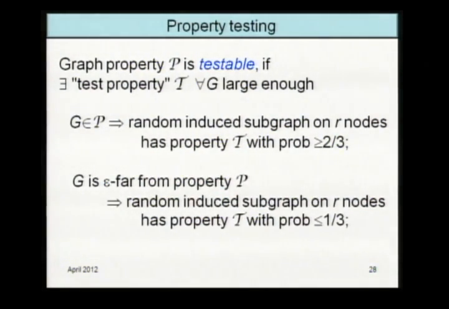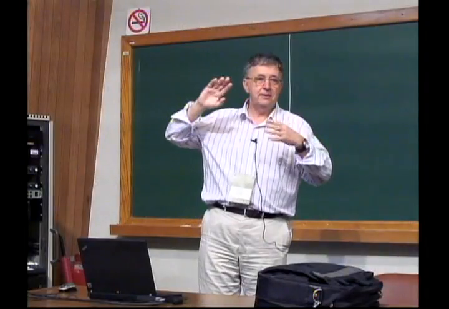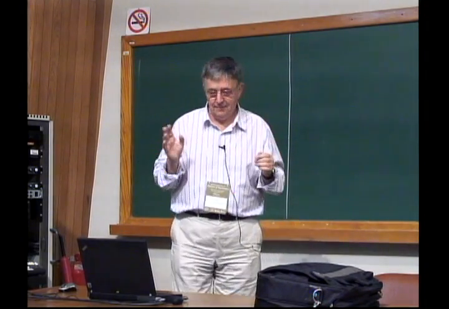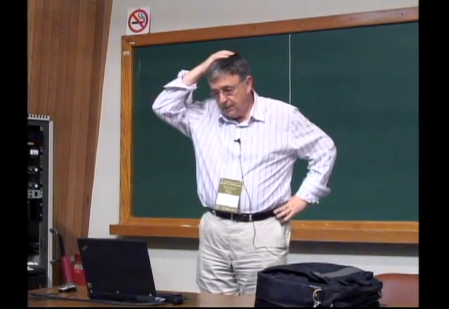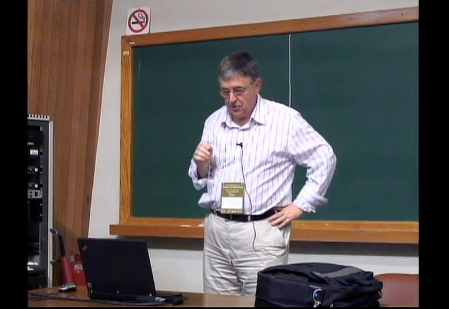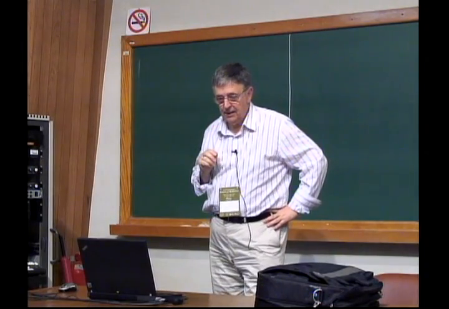And if it is far from the property, meaning you have to change many edges to restore the property, then this random induced subgraph, the sample you take, has this property with probability less than 1/3. And 2/3 and 1/3 could be just any numbers larger than 1/2 and less than 1/2. So this is the standard notion of testable property.